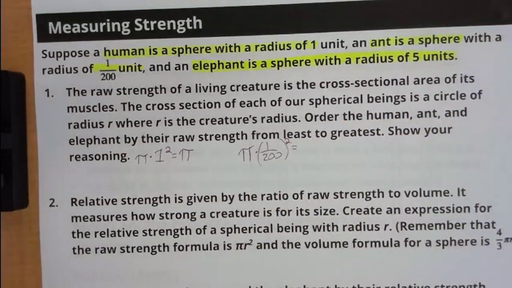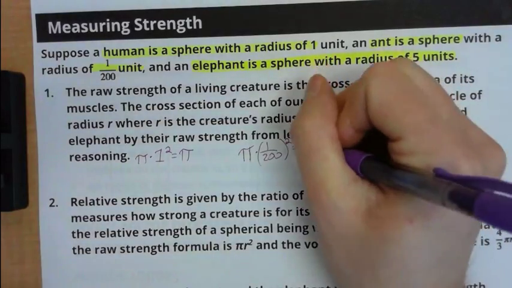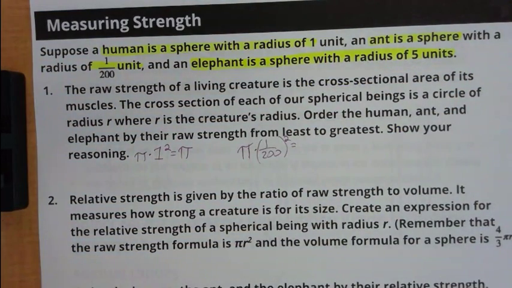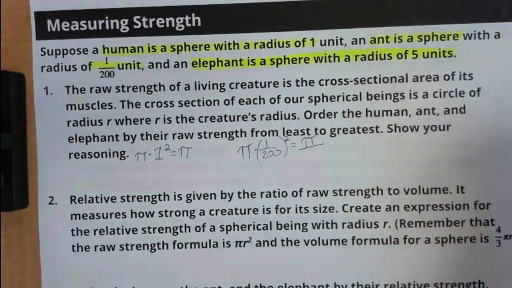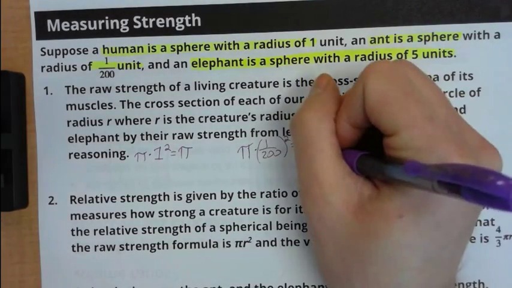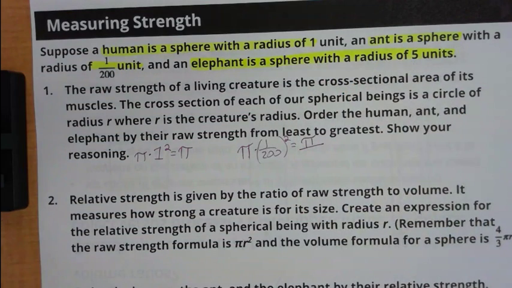So that is going to be pi over, 200 squared equals 40,000. So we have pi over 40,000.